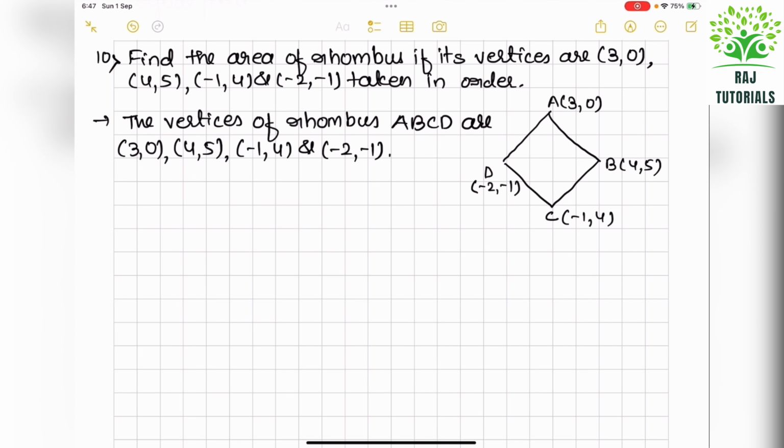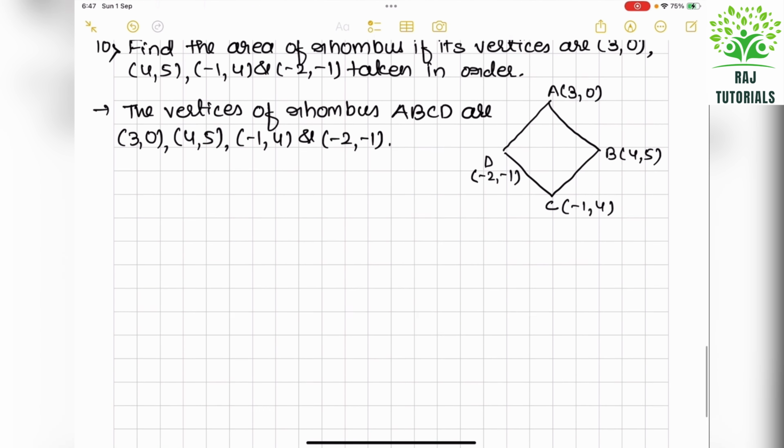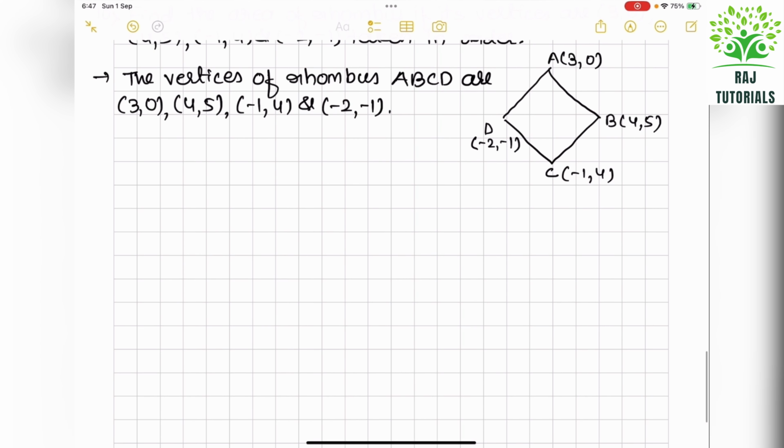Next question says find the area of rhombus if its vertices are (3, 0), (4, 5), (minus 1, 4) and (minus 2, minus 1) taken in order. So we know that here the vertices of rhombus ABCD are (3, 0), (4, 5), (minus 1, 4) and (minus 2, minus 1). So respectively I have given the name.